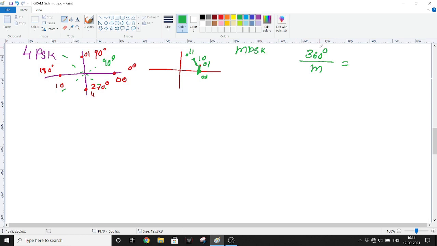But remember, this is not the only way. You can do it in any way. And with understanding of this phasor plot, now we will come back to our Gram-Schmidt orthogonalization.